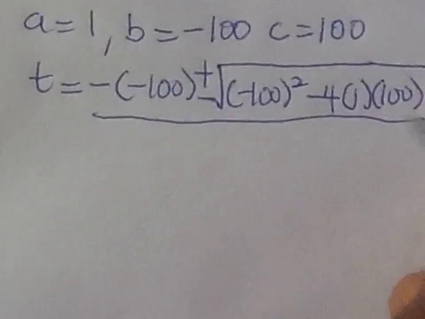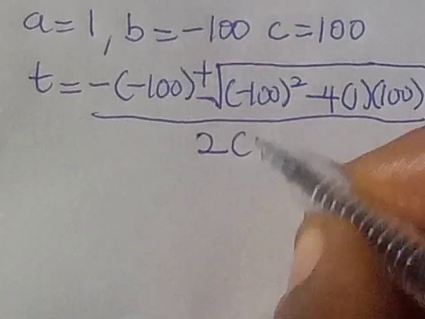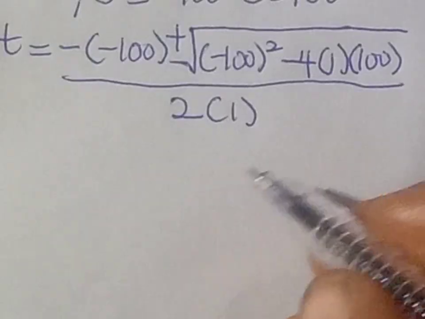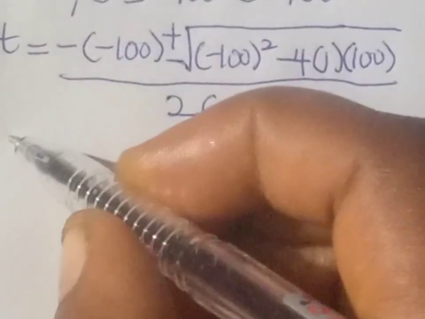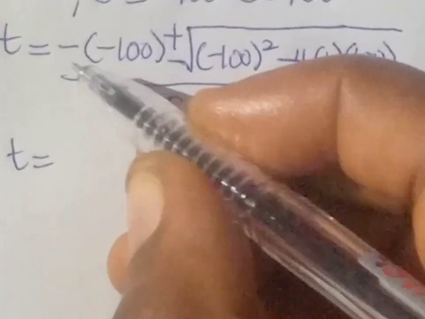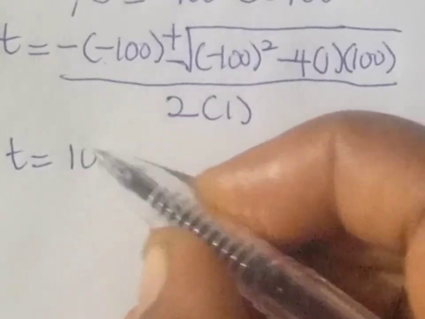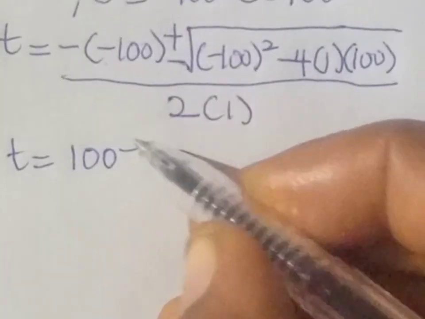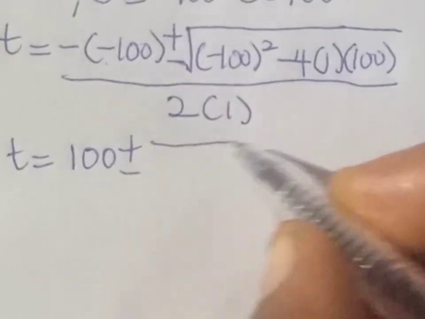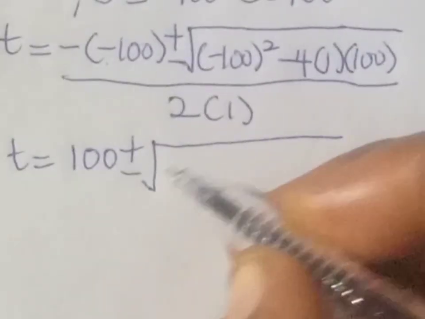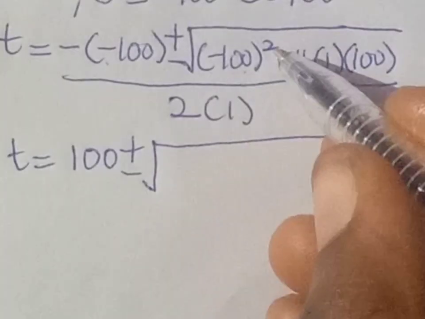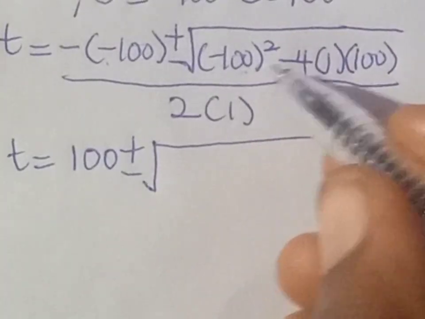Divided by 2 times 1, which gives us t equals minus times minus will give us plus. So we have a positive 100 plus or minus square root of minus 100 square, that is minus 100 times minus 100.